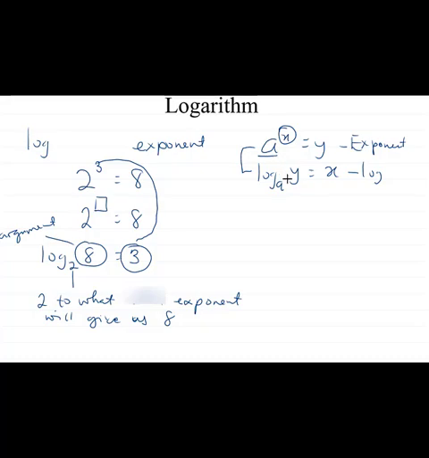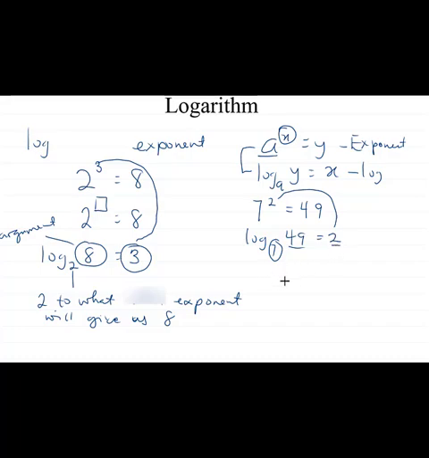So if I want the exponent, I can write it in log form as log base a of y will give us x. An example: given 7 to the power of 2, which is 49, can be written as log base 7 of 49, because we know that the answer is always the exponent. So if I ask you 7 to what exponent will give us 49, your answer will be 2.